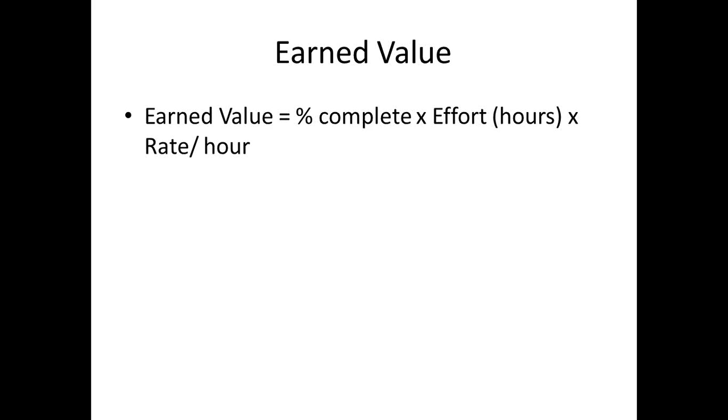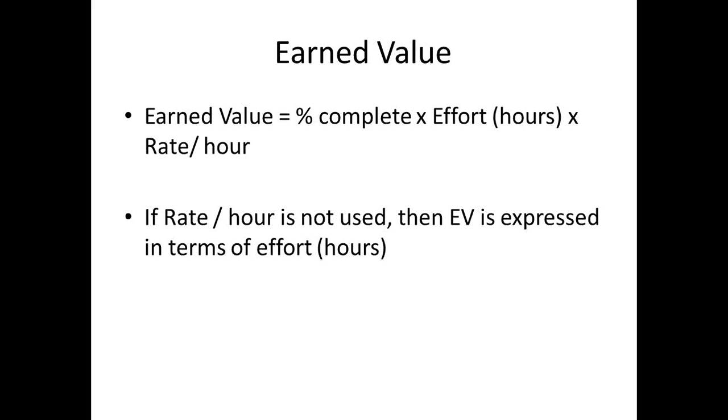And that gives you the earned value. If you don't use the rate for every hour, then the earned value is expressed in terms of effort. What that means is you're just not putting a dollar value to it, you're just putting an hour value to that one. And again, if you have any questions, stop me if you would, please.